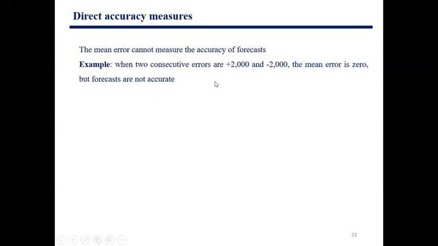You are 2,000 units higher than the actual sales, and here lower than the actual sales, and here higher than the actual sales. So it's sure that your forecasts are not good, even if the mean error is 0.